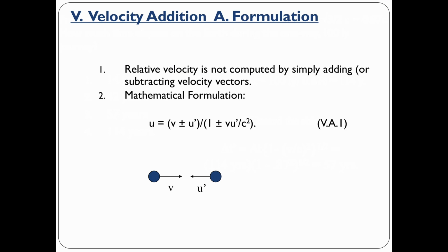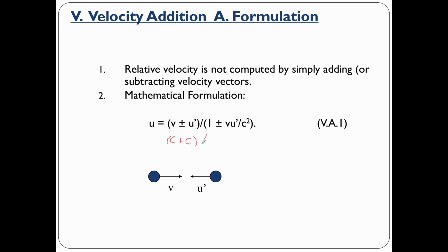And the reason that you can see this works is, suppose one of these speeds is the speed of light. Suppose u is a photon, and so it's traveling with speed c. Or suppose both of these are photons and they're moving toward each other. Galileo would say that their relative speed would just be c plus c, or 2c. But if you use this equation, this would be c plus c. So far so good, but uh-oh.